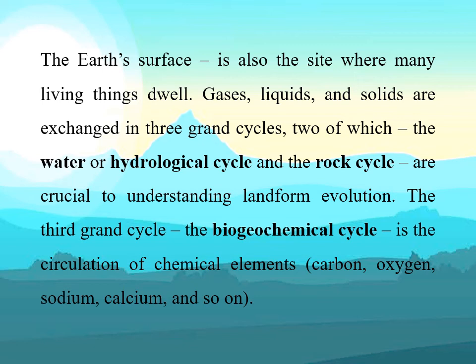And due to that, the biological entities as well as the landforms are continuously changing. Okay, so that is why these three cycles have immense importance in depicting the landform.